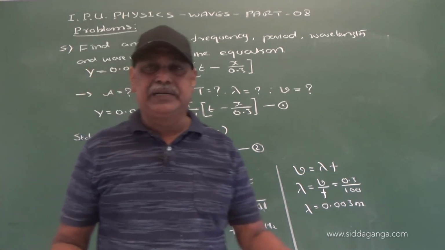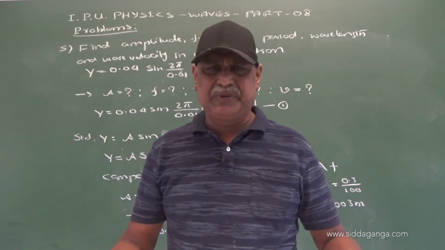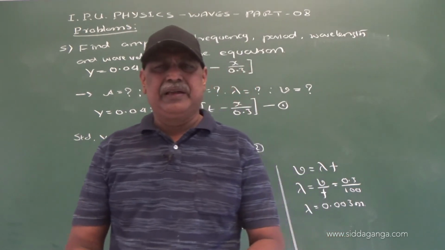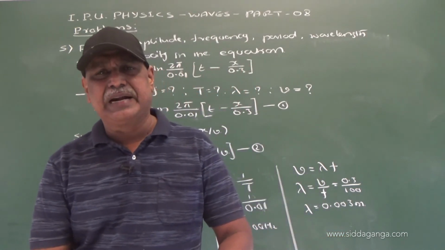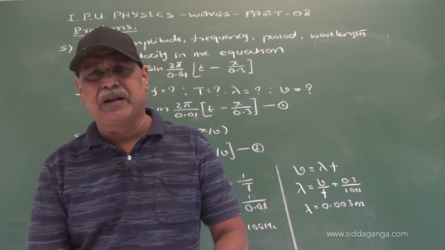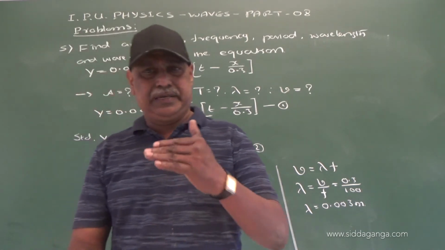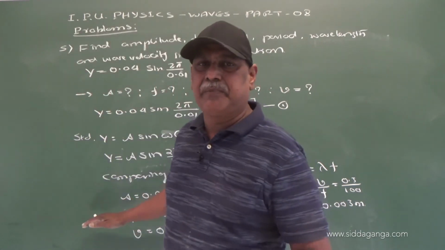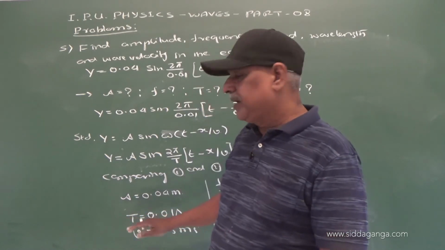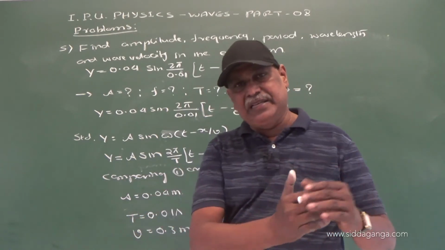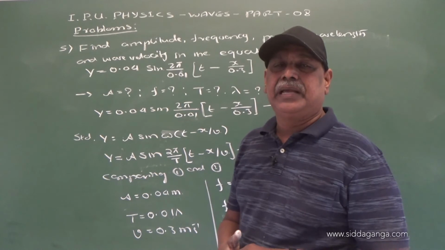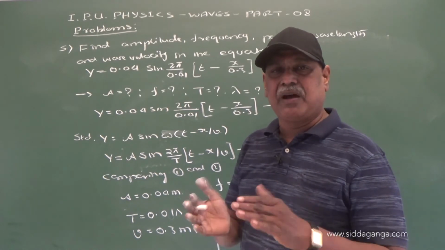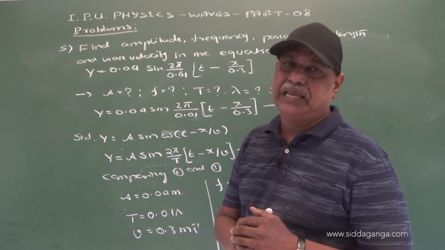So what we have learnt in this problem, the procedure is almost the same, comparing the given equation with the standard equation and finding the wave parameters. But in this problem, problem number 5, we have modified the standard equation. In problem number 4, we have modified the given equation.